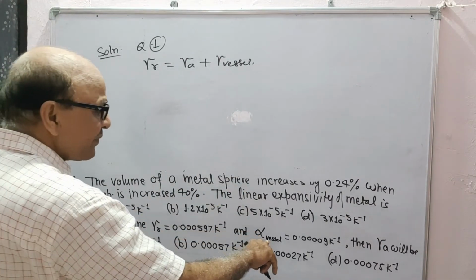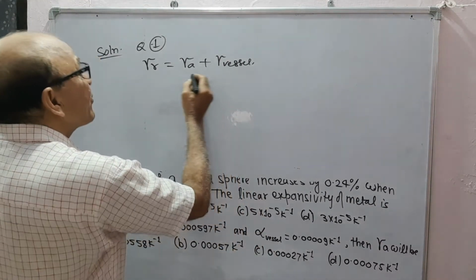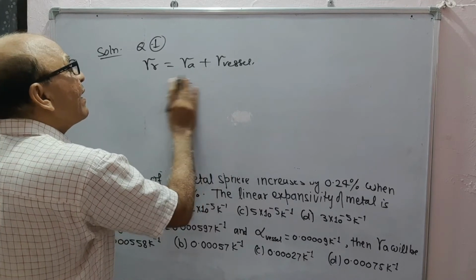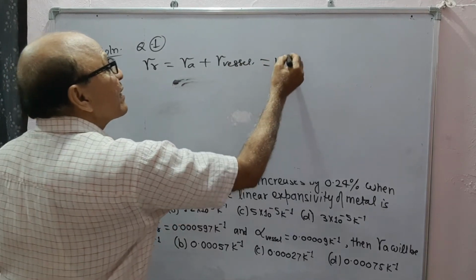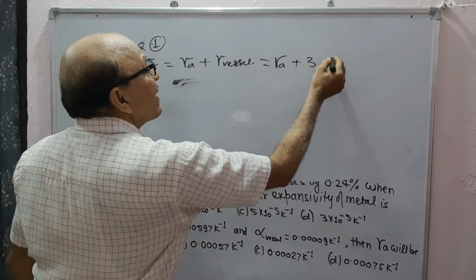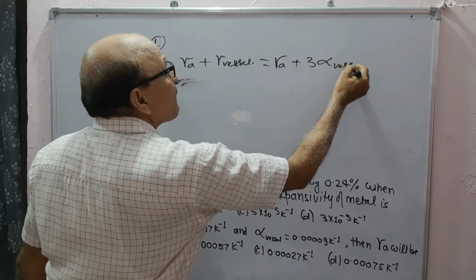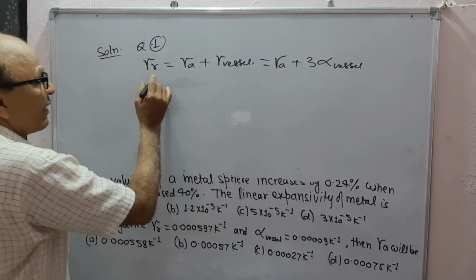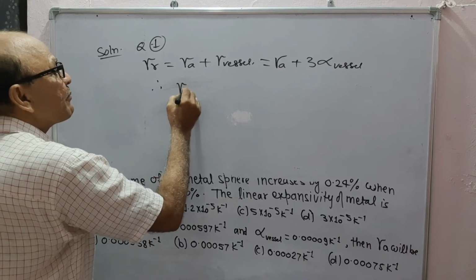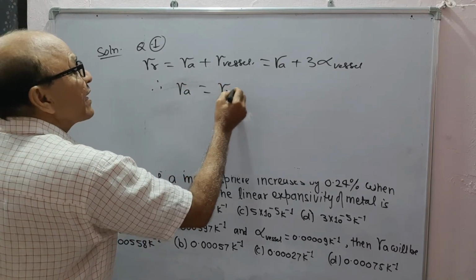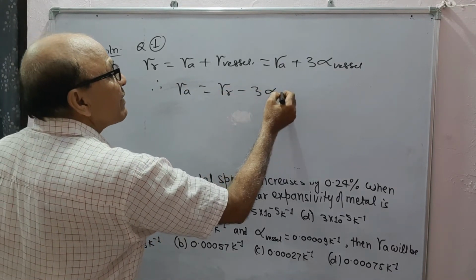Here we have alpha vessel, therefore this will be equal to gamma apparent plus 3 alpha vessel, or gamma apparent will be equal to gamma real minus 3 alpha vessel.